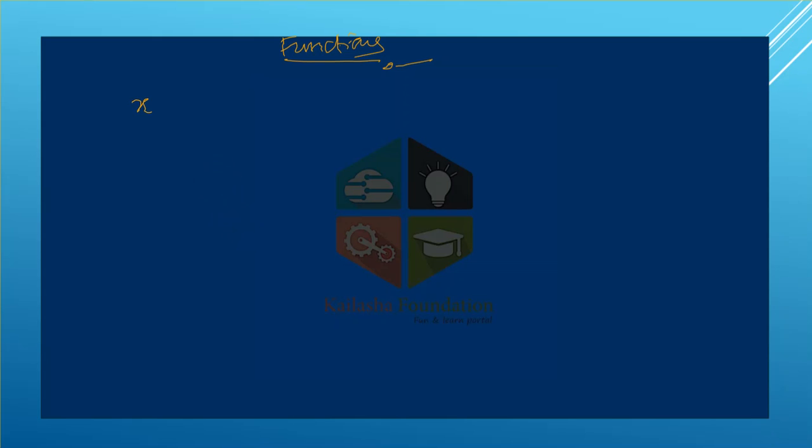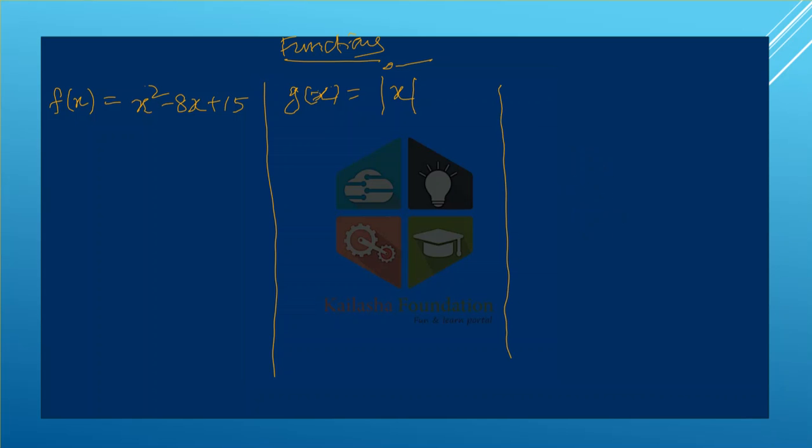For example, x square minus 8x plus 15, it is a function. I am expressing it as fx. At first I am telling you what is fx, and let us take another function. gx is equal to mod x, and let's take hx is equal to x plus 2 by 5.